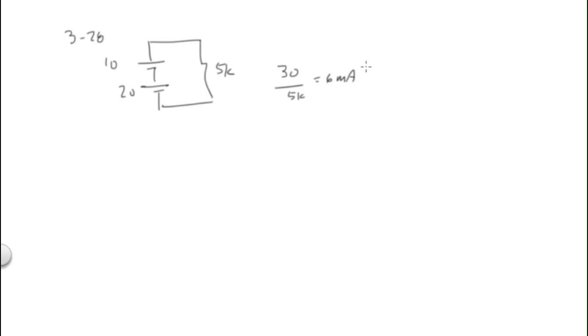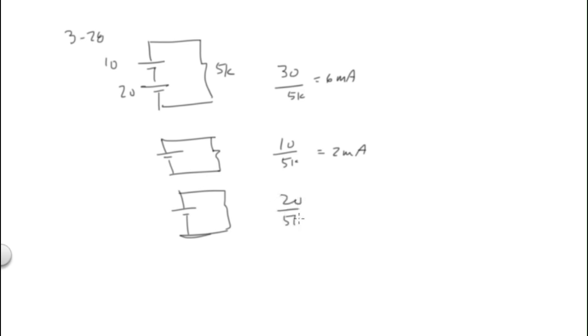Or I can solve it with the 10, and that would give me 10 volts and 5K, or 2 milliamps. And then I can solve it with the 20 and the 5K, and that's 20 over 5K, which gives me 4 milliamps. And either way, they add up to this value up here. So that's all you need.